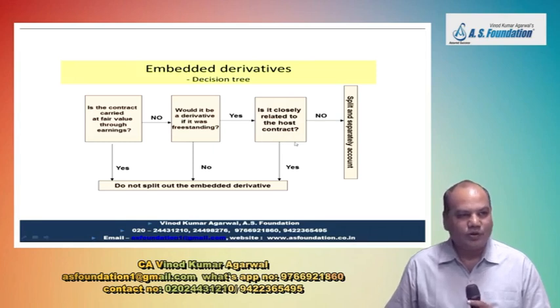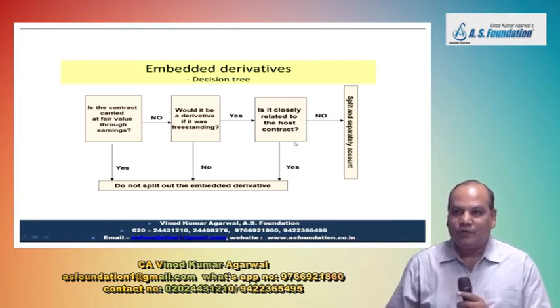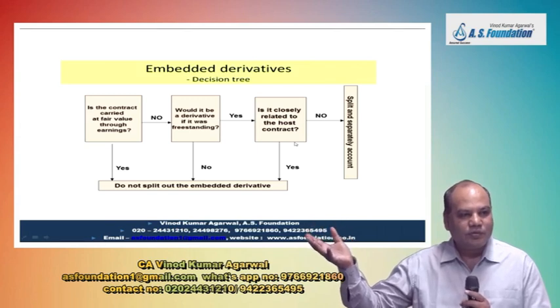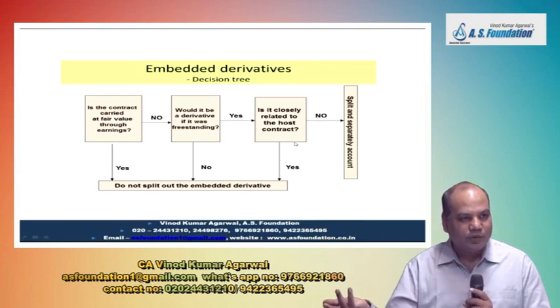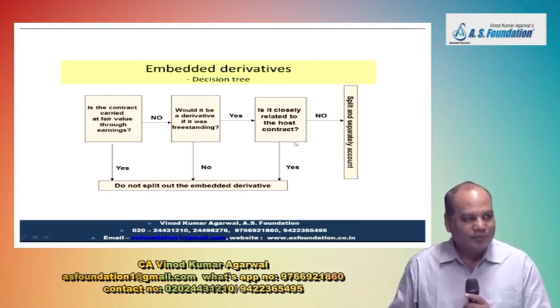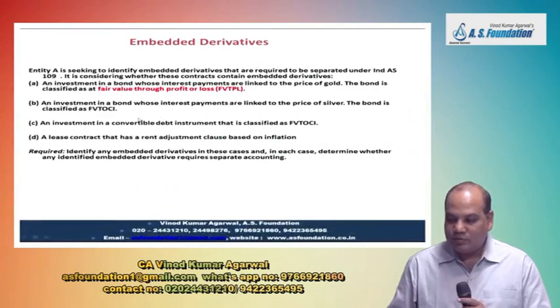The value of the option will change as the value of equity share would change. And the value of equity share would change due to many factors. If Donald Trump becomes president again, the value of the equity will change, which is not connected to the rate of interest. So the answer is split.